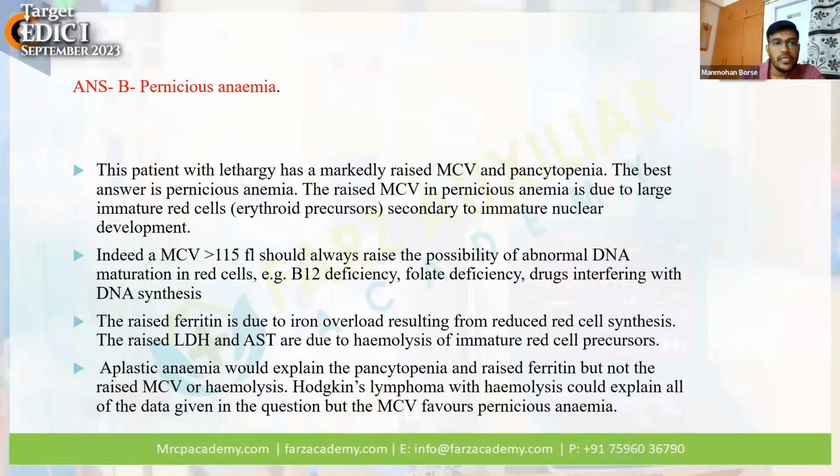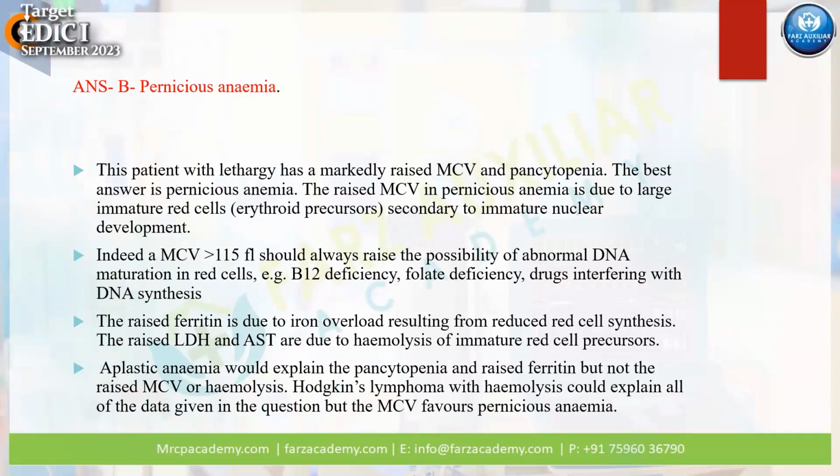With MCV of more than 115, there is a possibility of abnormality of DNA maturation of the cells. So the differentials for that are B12 deficiency, folate deficiency, or drugs that affect this DNA maturation. Can anybody tell me an example? Methotrexate.